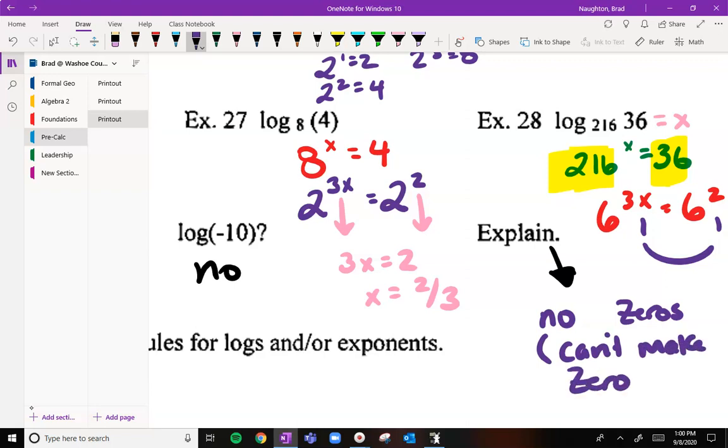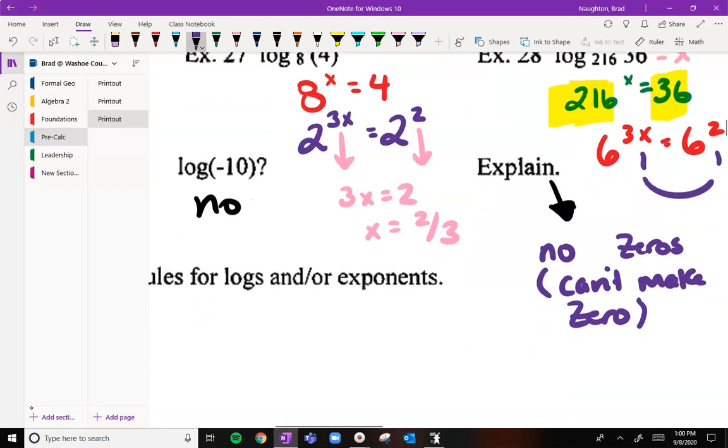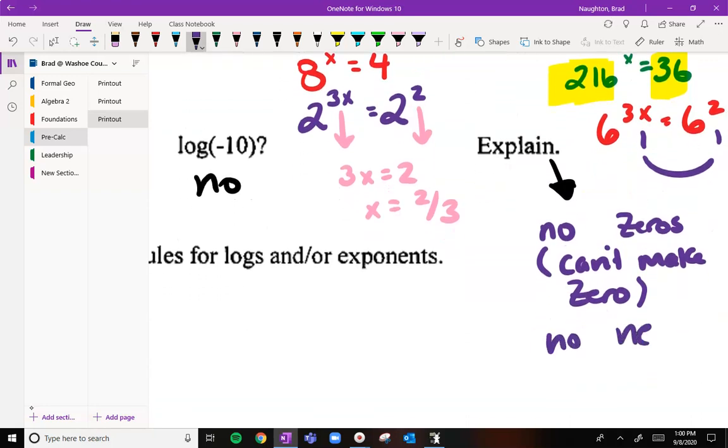Even x to the 0 is 1. And there's no negatives. Now, ladies and gents, some of you are like, well, wait a minute, you just did a negative. My answer can be negative, but I can't take the log of a negative number.